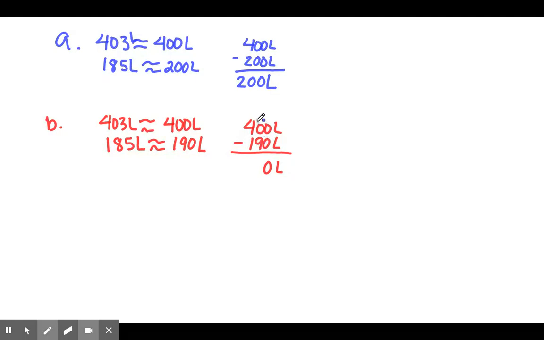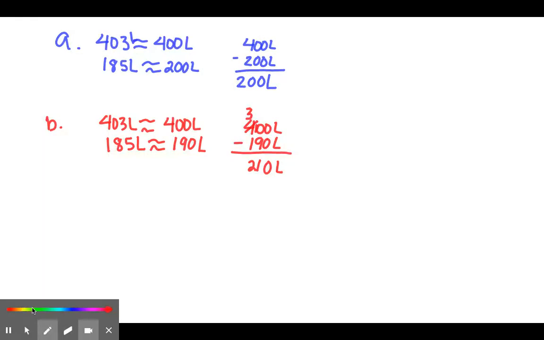So I'm going to go next door to my hundreds and borrow 100, which only leaves me with 3 hundreds left. When I move that 100 over to the tens place, I now have 10 tens. So 10 minus 9 is 1 and 3 minus 1 is 2. So that gives me 210 liters. So there are about 210 liters of water left when I estimate to the nearest 10.